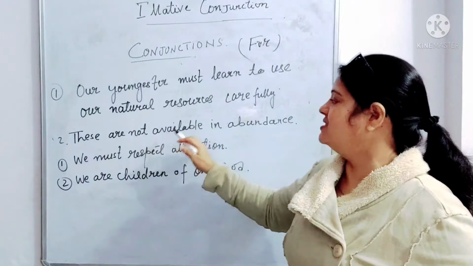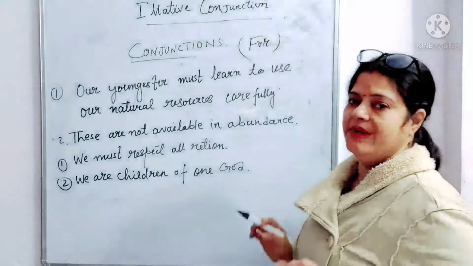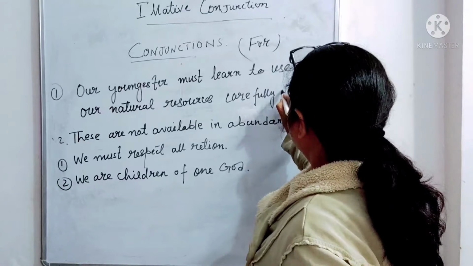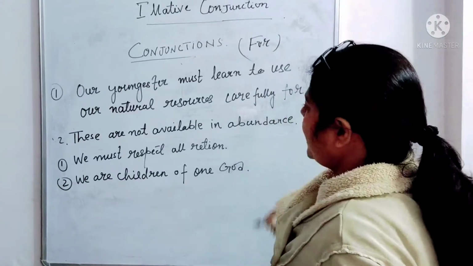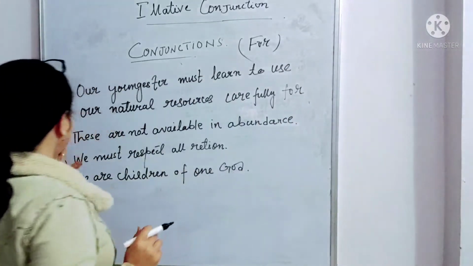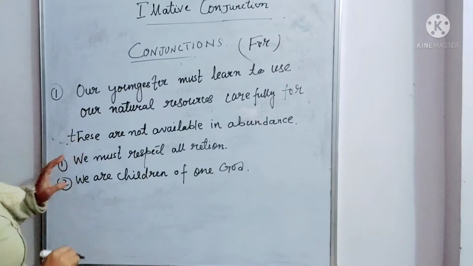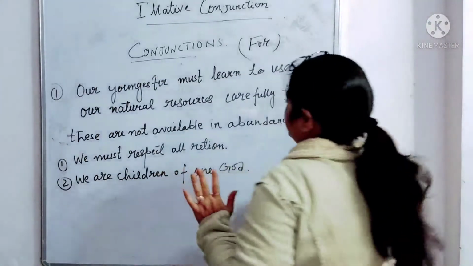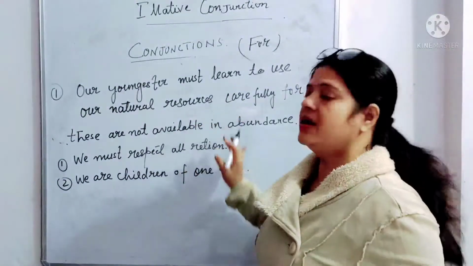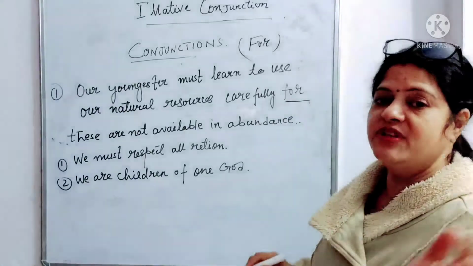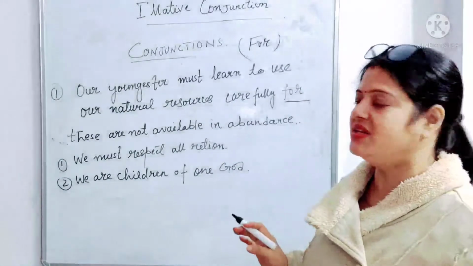Second sentence: these are not available in abundance. So we will write the conjunction "for" here, and the first letter of the second sentence we will write in small letter. Now we have connected these two sentences and it has become a compound sentence, because our conjunction has started from the second sentence, before the second sentence.